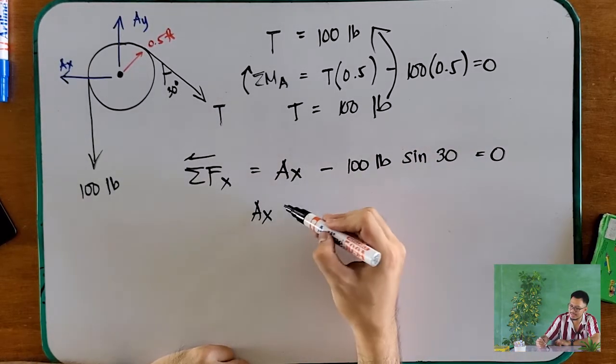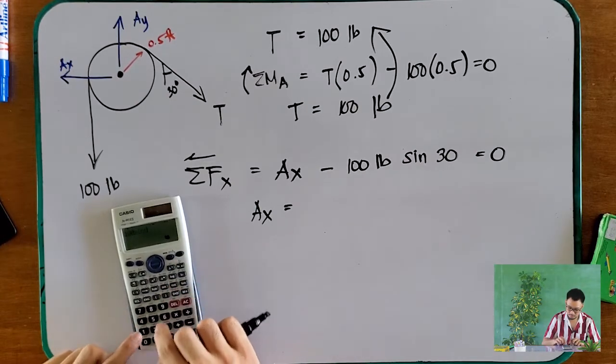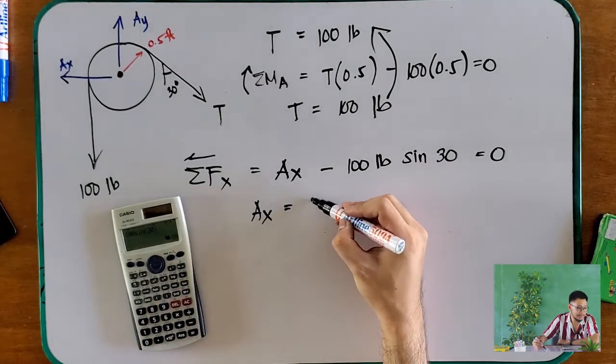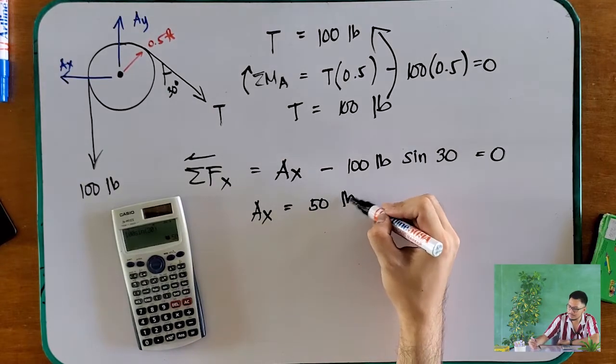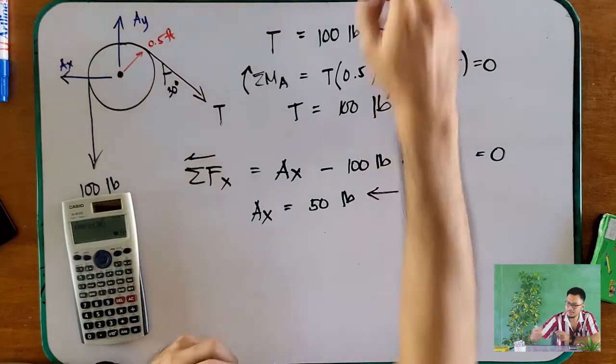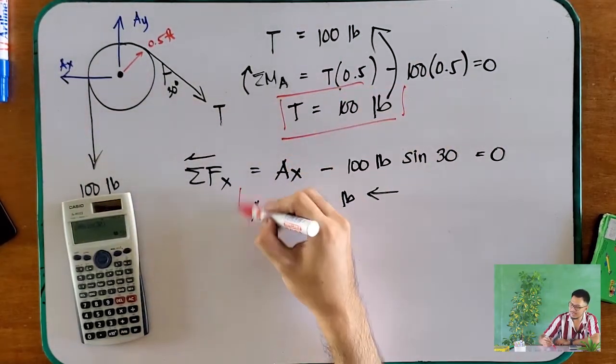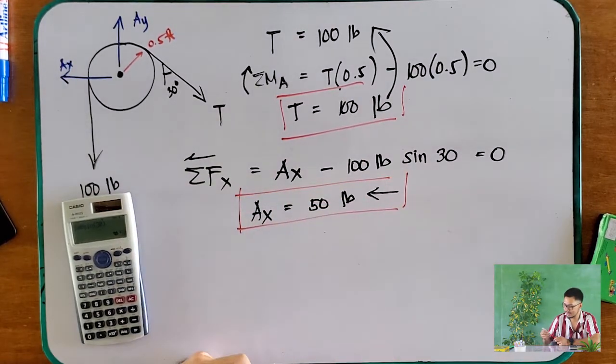So your Ax here is 50 pounds. And that is going that direction. So, this is your final answer for your T. This is your final answer for your Ax.